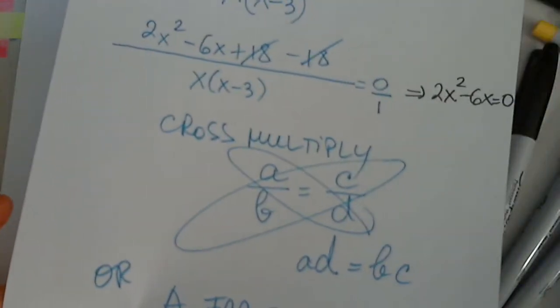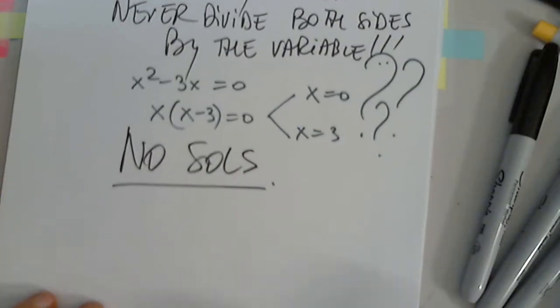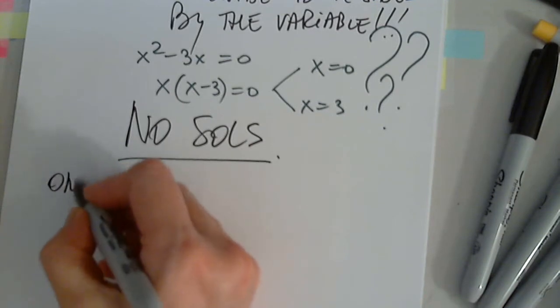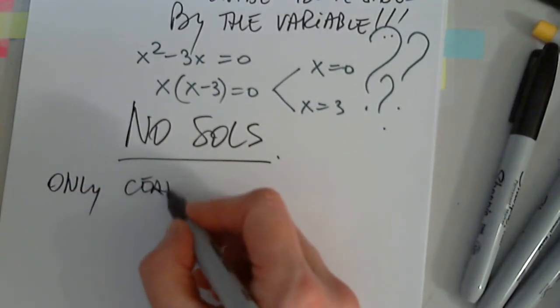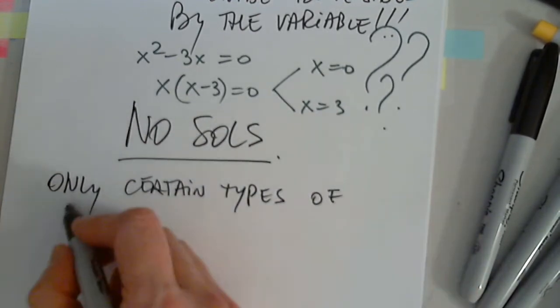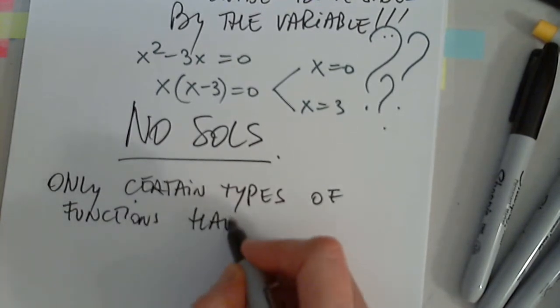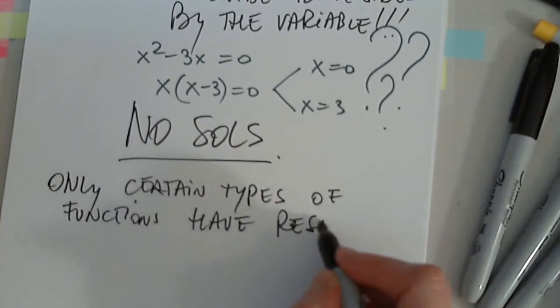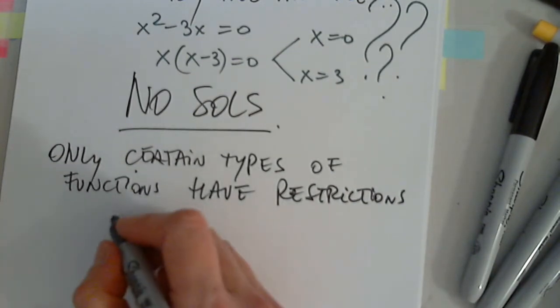So for each equation like this, will they always have a restriction? Perfect question. Only certain types of functions have restrictions. I am going to list a few.